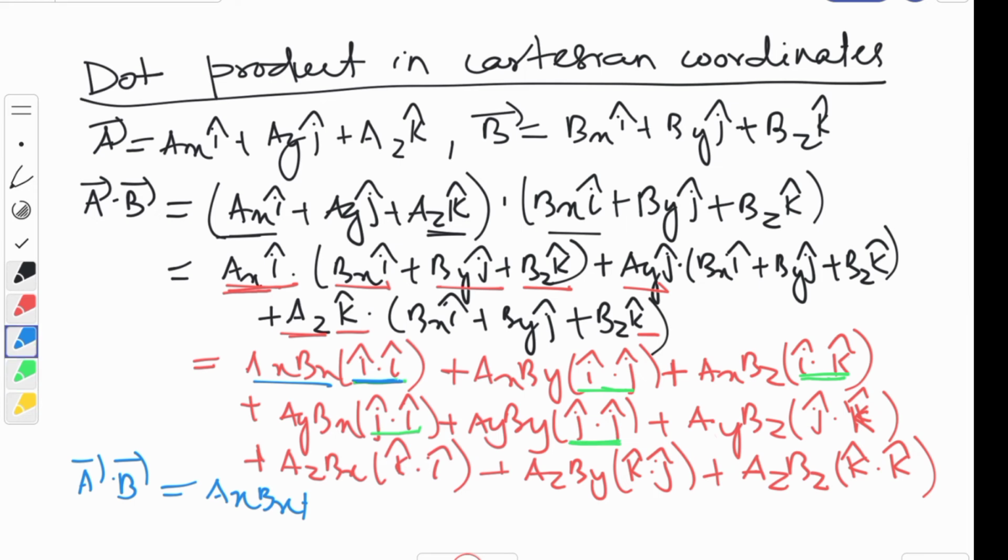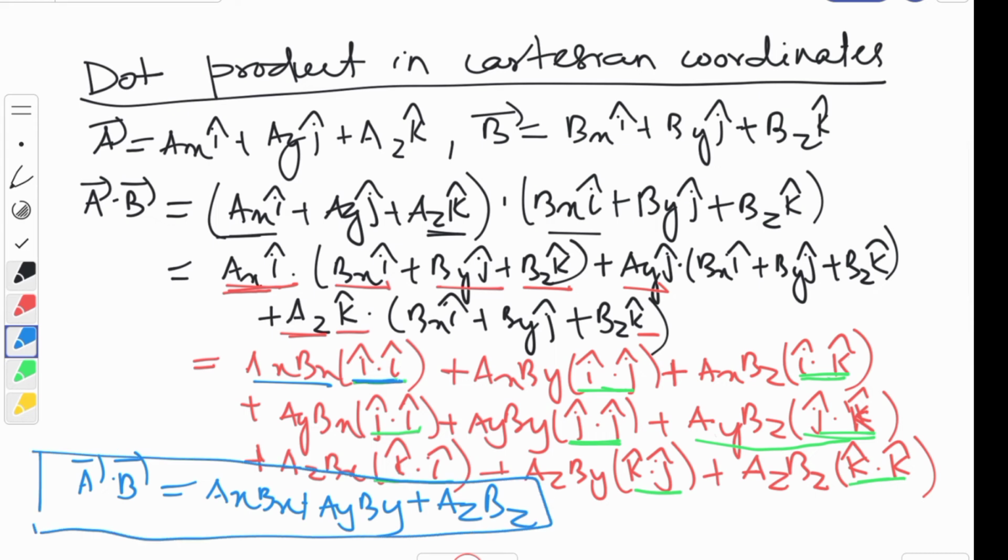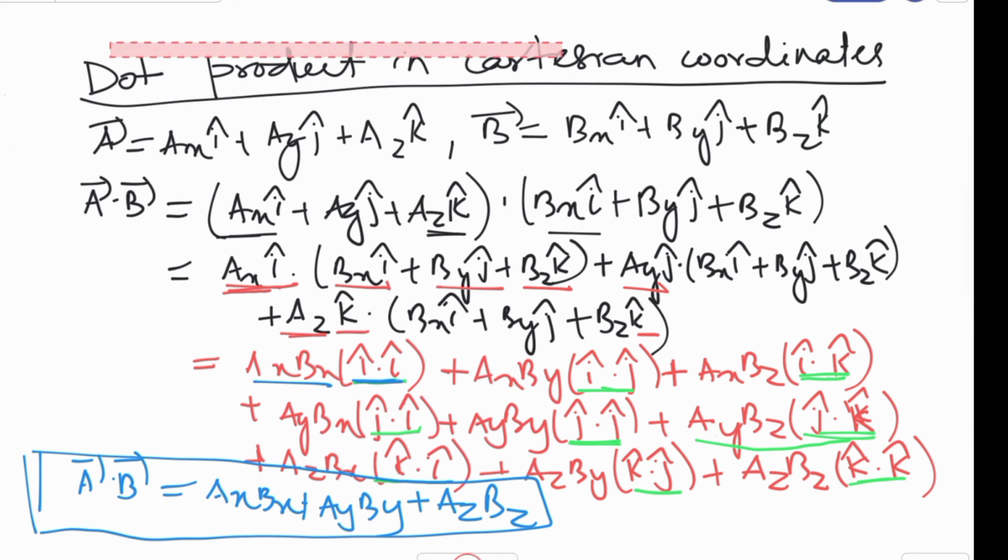That means the second term will be AY BY. And again here j dot k is 0, so this term also becomes 0. Now come to this term, k dot I is 0, k dot j is 0, but k dot k is 1. So our next term will be AZ BZ. Clear, children? So this is the dot product. I'll write the result again. Easy one.